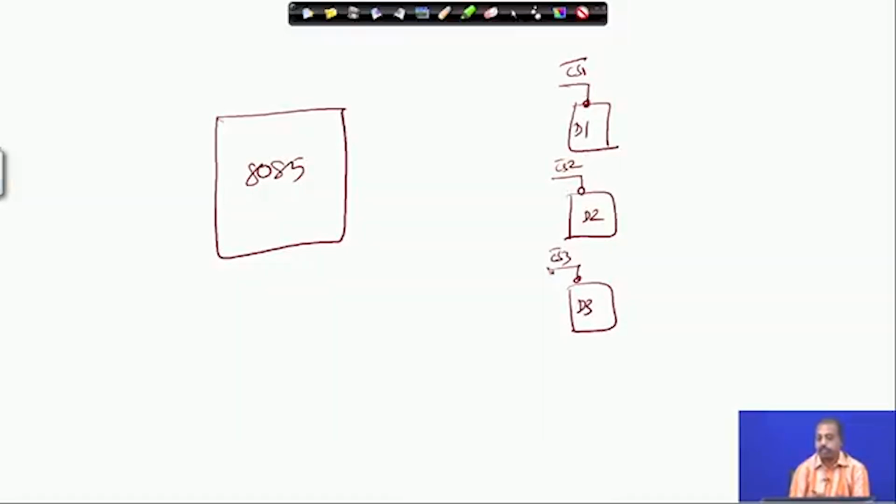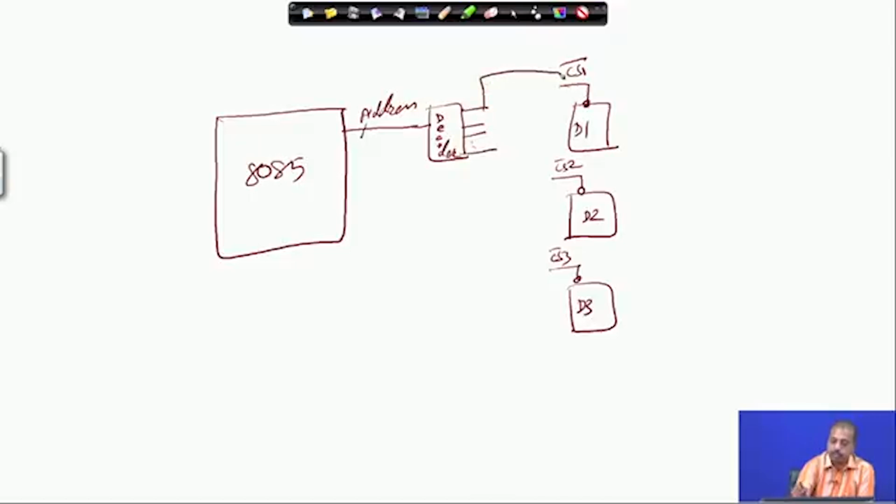The address lines generated from the microprocessor, the address bus, have to go through an address decoder, and accordingly it will generate a number of enable lines, and these enable lines are connected to the chip select lines.